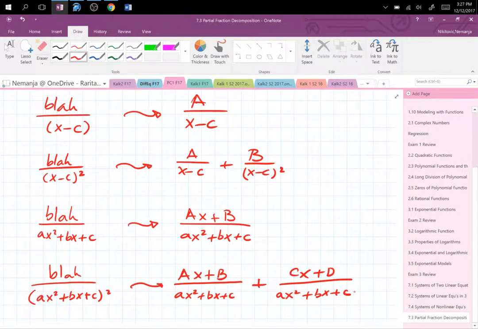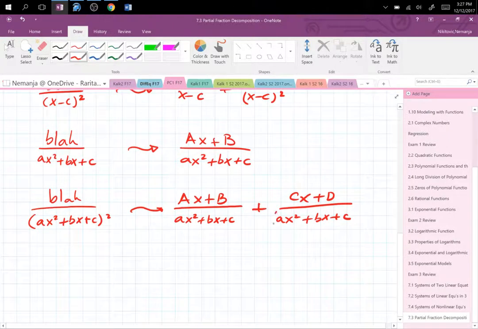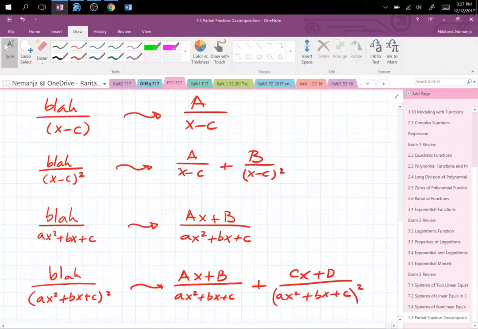So if you have the (x minus c) squared, you have (ax squared plus bx plus c) squared, which is a repeated this one, and repeated that one. You write 2 of these guys. Oh, that was my square. They have to look the same. There we go, much better. See the square over here? So the first term and the first term look the same, and then the second term has a different Cx plus D with everything squared. The same thing happened here.